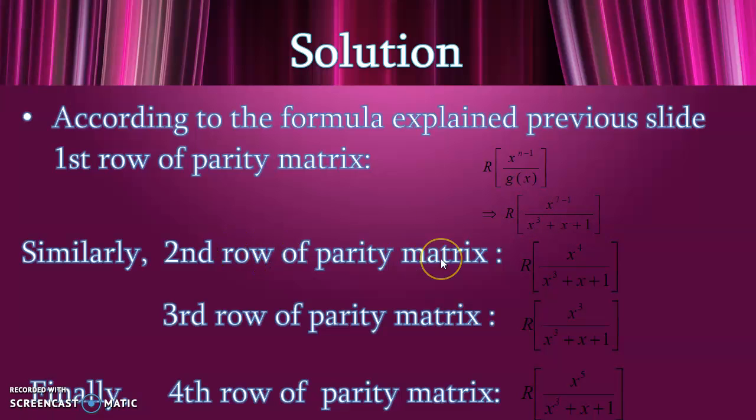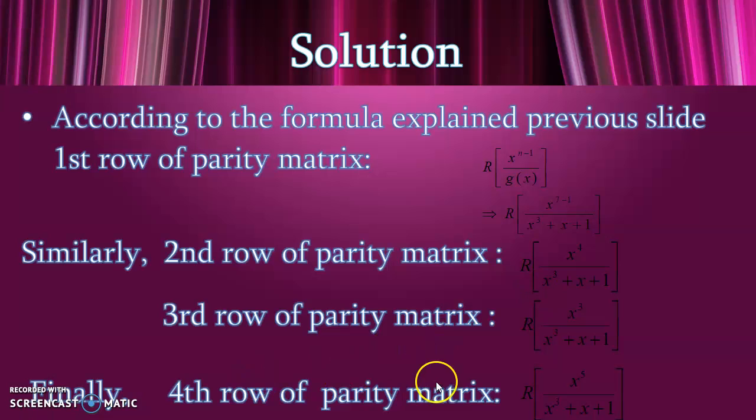Similarly, for the second row of parity matrix, it will be x to the power 7 minus 2, that is 5. So it will be x to the power 5 divided by x cube plus x plus 1. Next, third row, it will be x to the power 4 divided by x cube plus x plus 1.